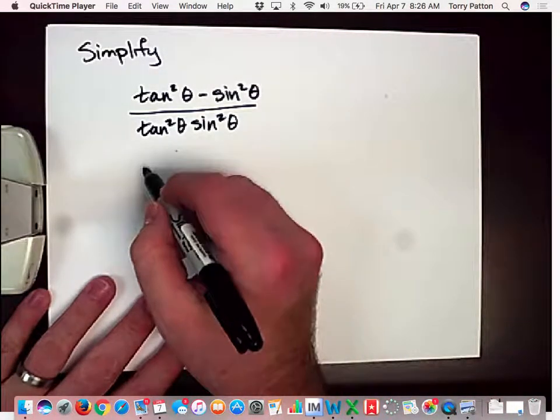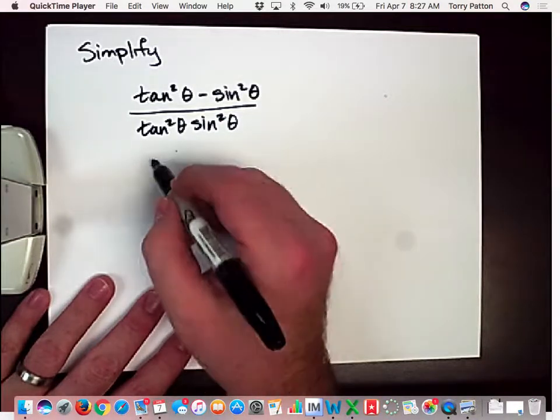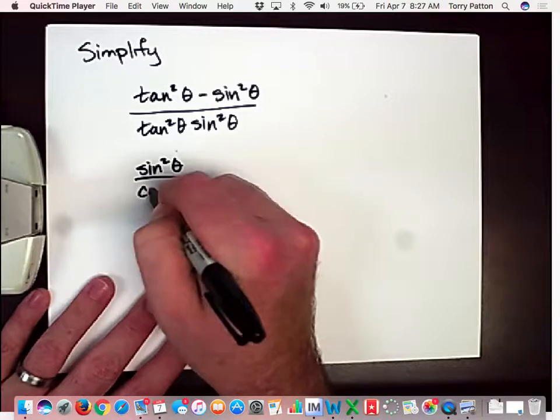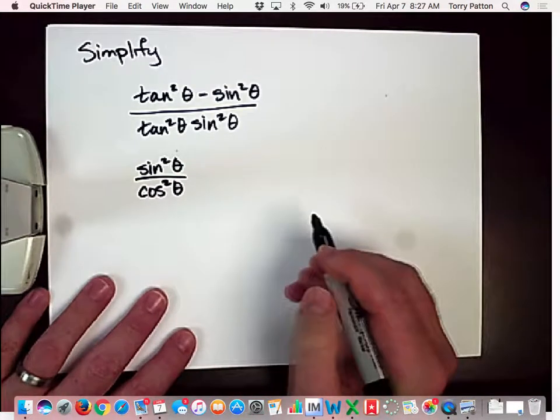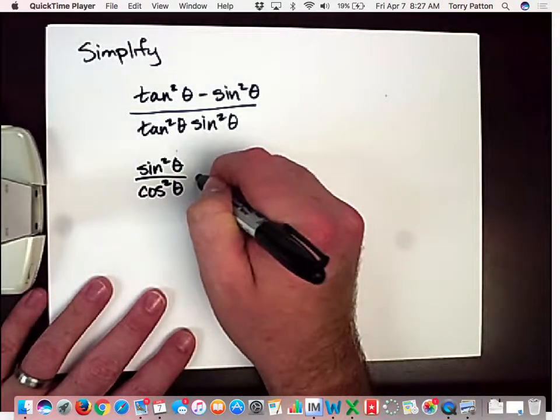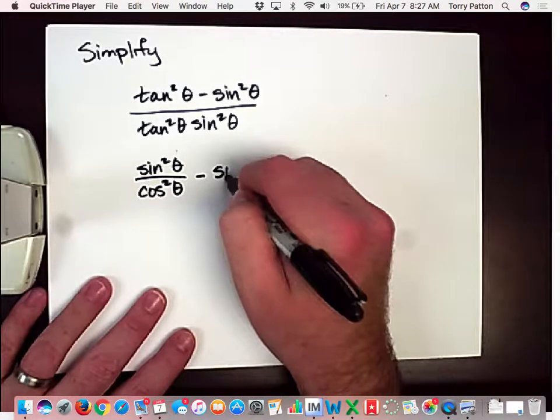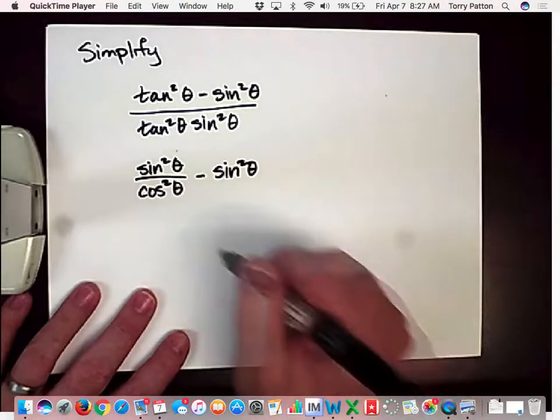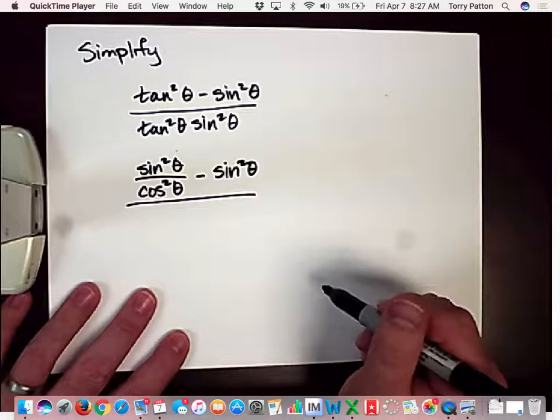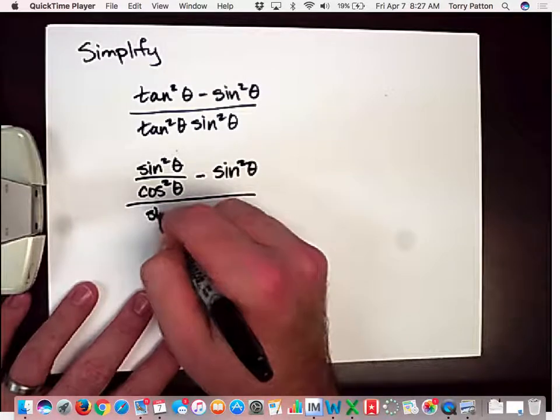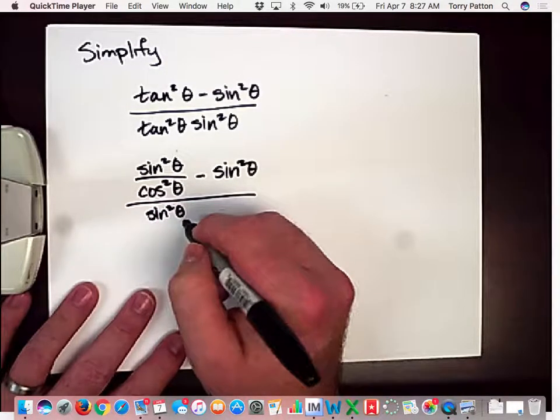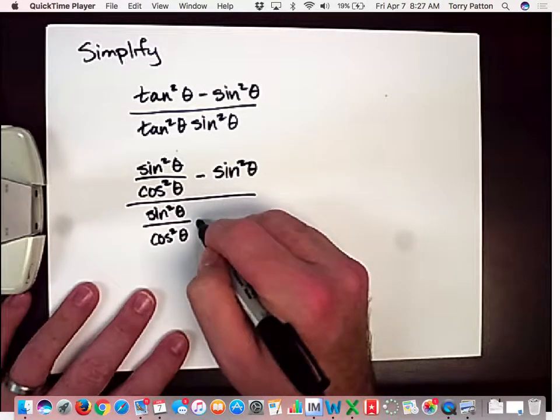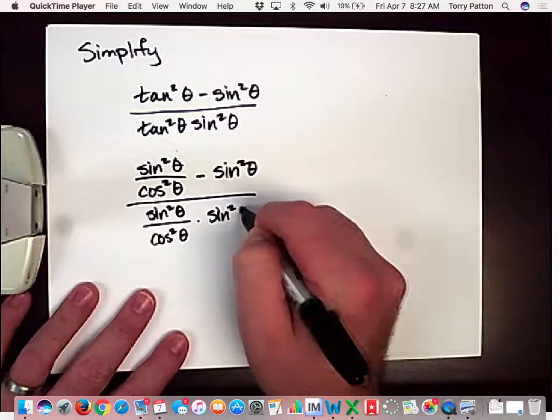That would be, it's tangent squared, so that would be sine squared theta over cosine squared theta, right? Minus, this one is already in sine, over, we've got sine squared theta over cosine squared theta times sine squared theta.